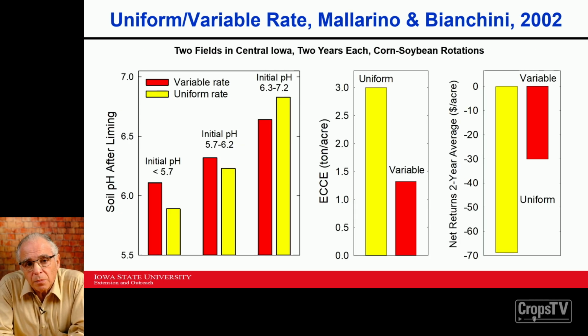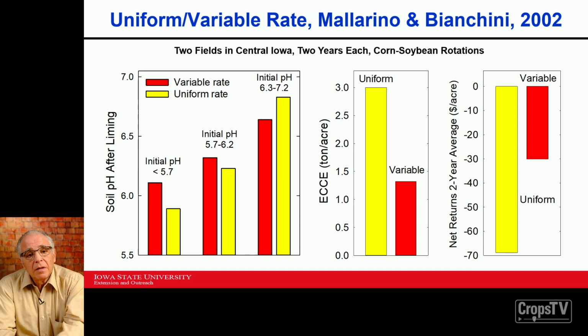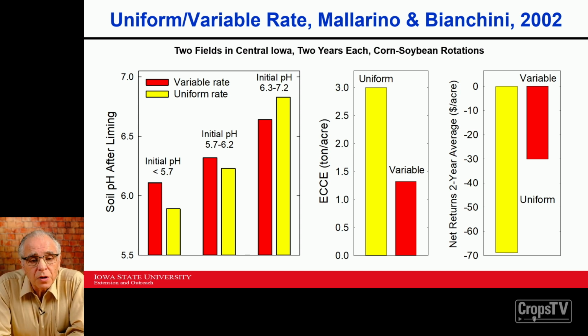Now, this is an example of the research that we did with Bianchini. We have two fields in central Iowa, and we ran it for 2 years. This on the left, okay, we have the soil pH after liming. These were strip trials, managed with precision ag technologies.